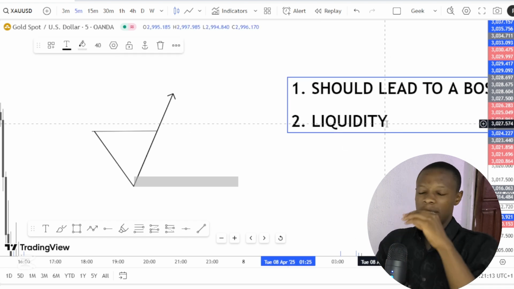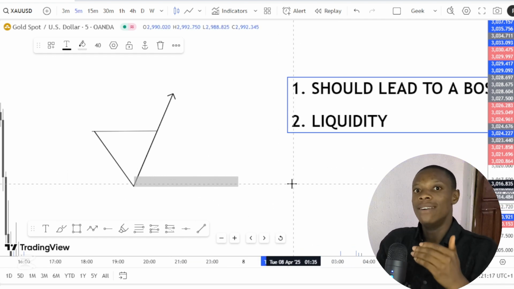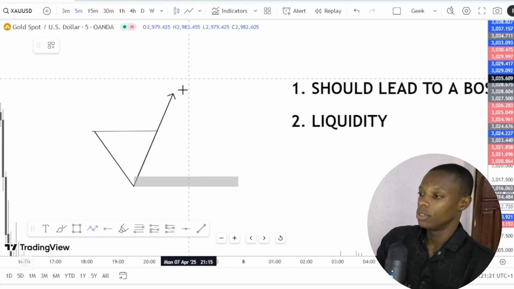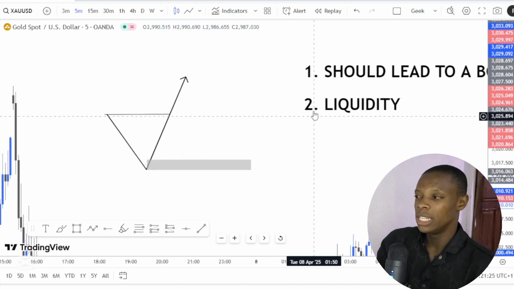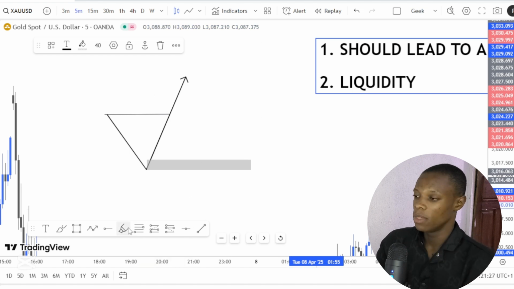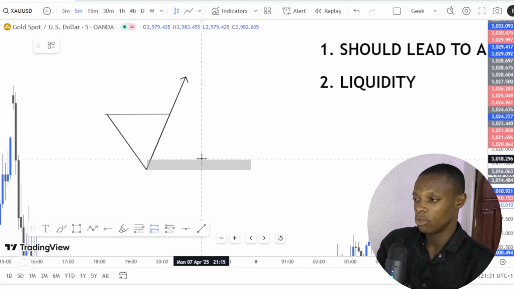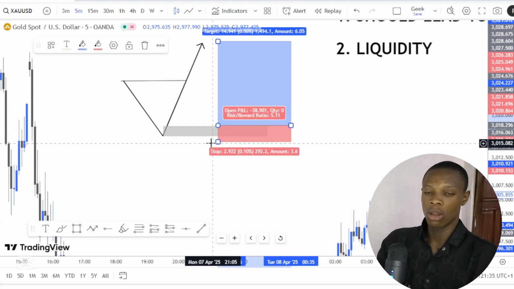Right now, liquidity is money in the market where we have stop losses, where we have resting orders, where people have their stop loss. Let me just briefly explain liquidity, so we can continue. This is a point I want to buy from. This is an order block, and what do I want to do? I want to buy from this order block because it's a demand order block. It's an order block at the bottom.